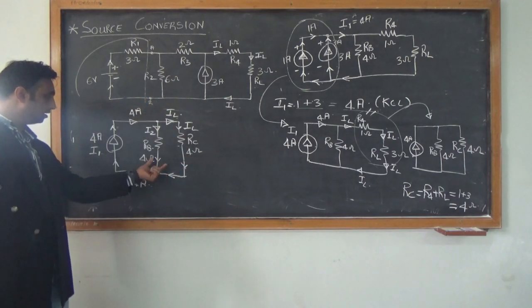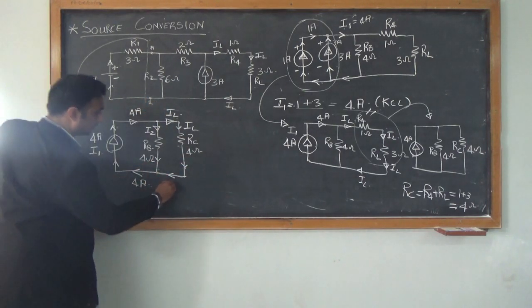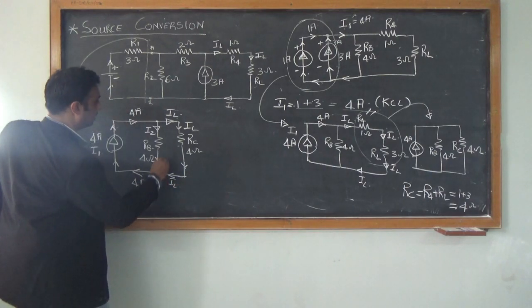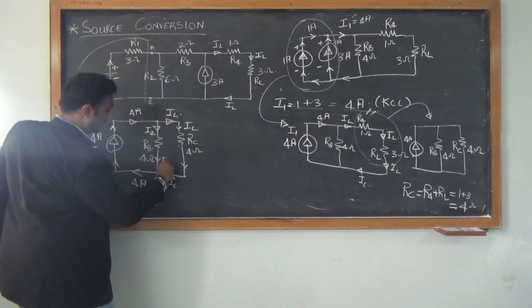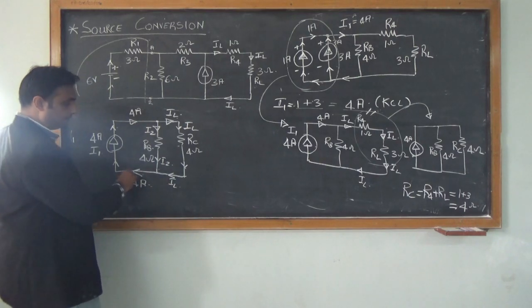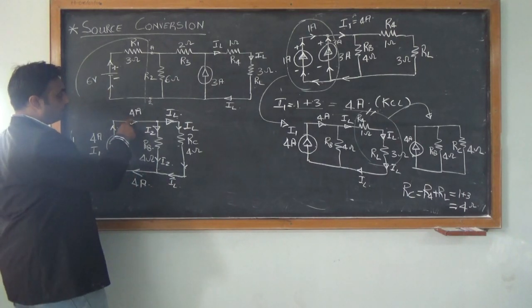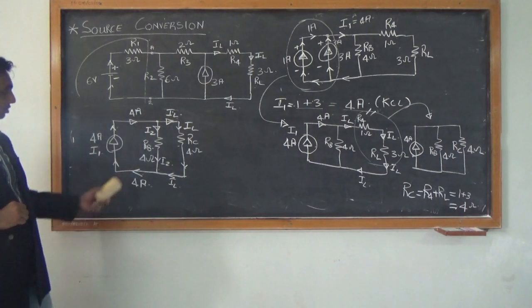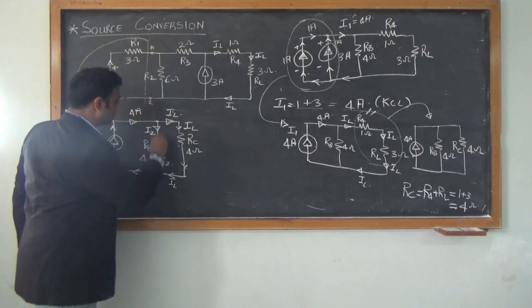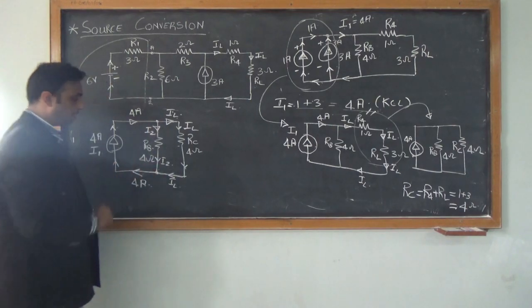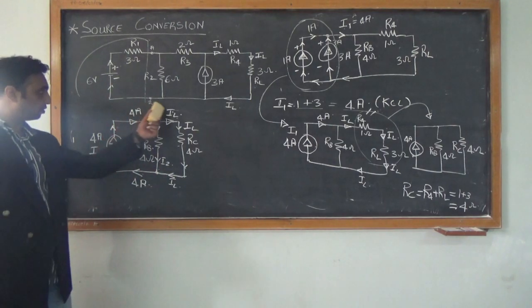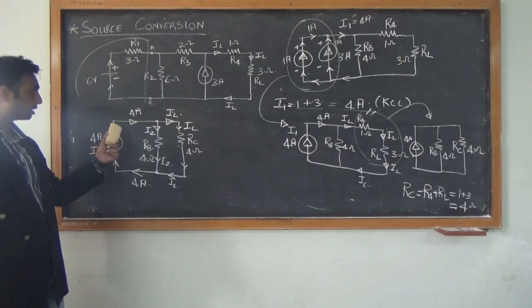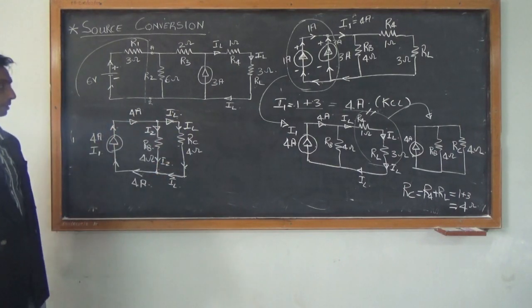And finally, again these currents, this will be IL and this will be I2. I2 plus IL will give me 4 amps. In the same way, 4 amps equals I2 plus IL. So at both the nodes, you will get the same equation. So current follows a go and return path.